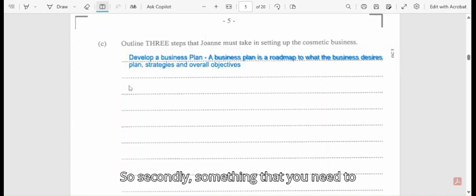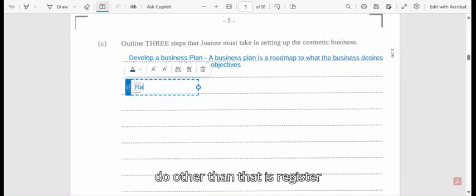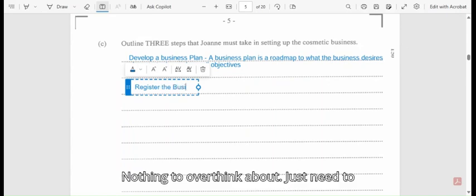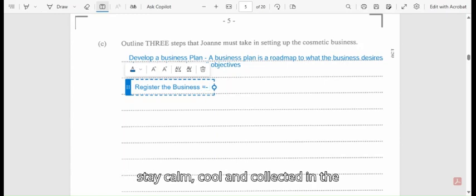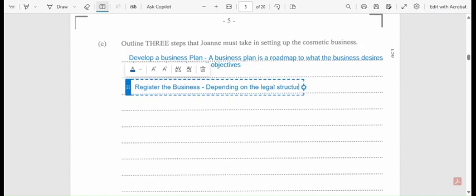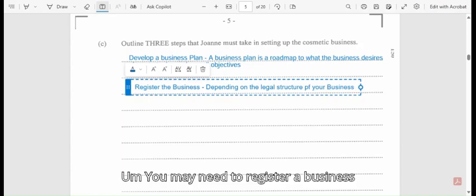So secondly, something that you need to do other than that is register the business. This is very basic, guys. Nothing to overthink about. You just need to stay calm, cool, and collected in the exams, and you will be okay. Alright, so depending on the legal structure of your business, you may need to register your business with relevant government authorities.